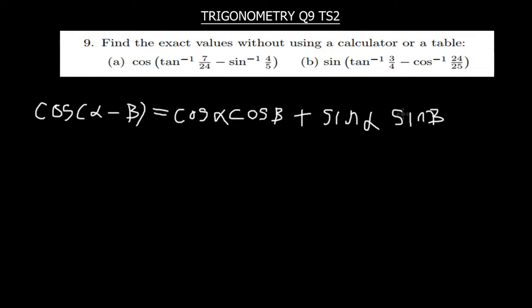Now, are you telling me that we're going to be putting the whole tan inverse here on cos alpha? No. Okay, let's assume this tan inverse of 7 over 24 is equal to alpha, and then sine inverse of 4 over 5 is equal to beta.